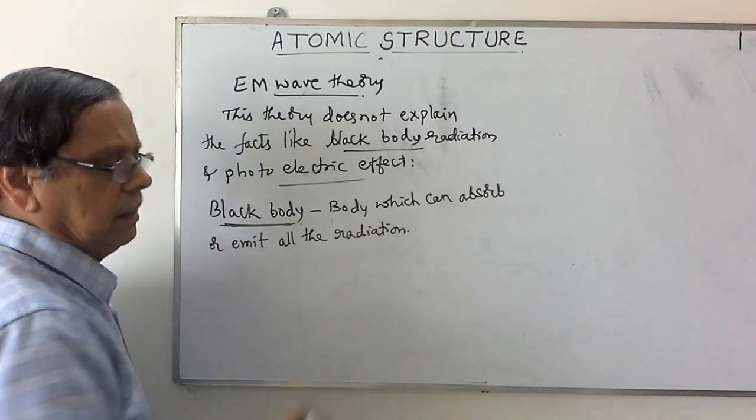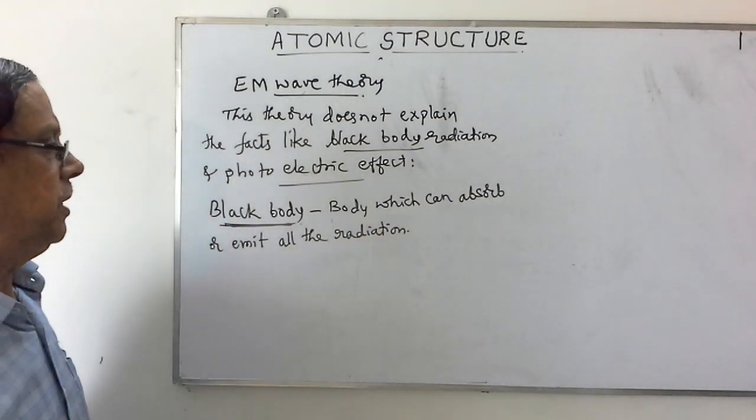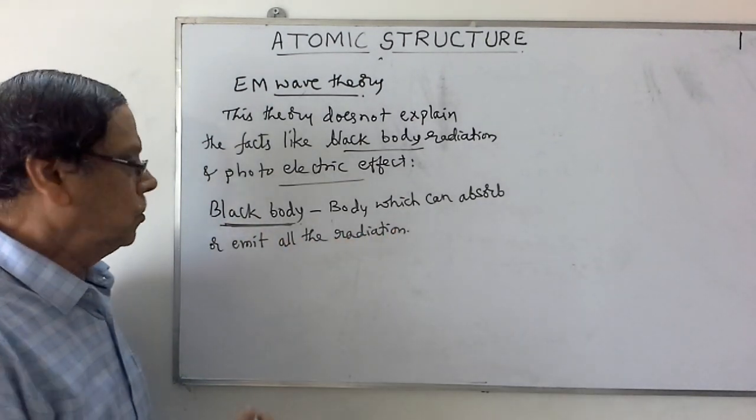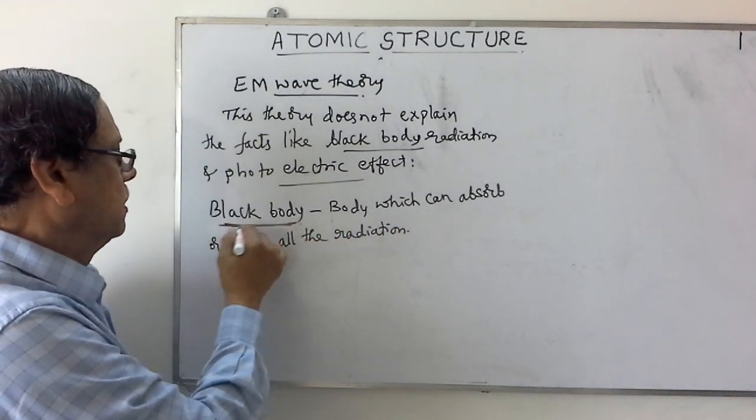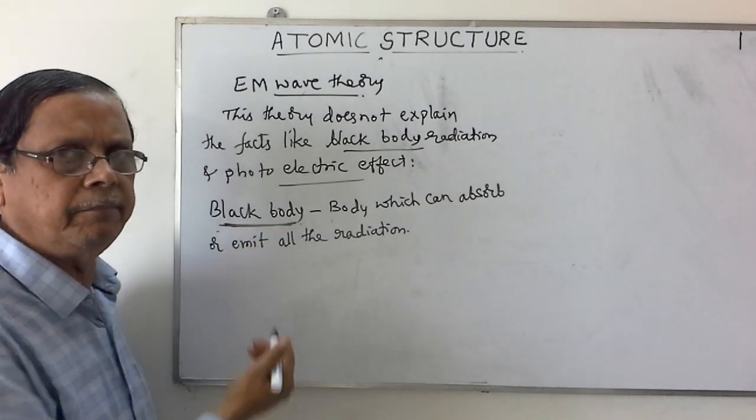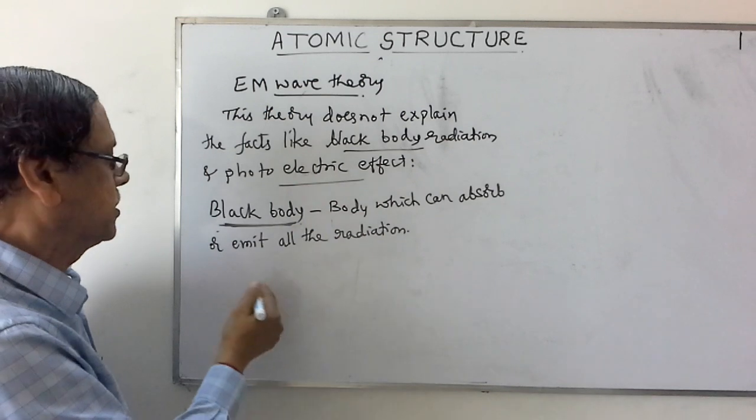We observe that the frequency of the radiation depends on the temperature of the body. Such a material is named the black body, and the radiation that is emitted by the black body is called the black body radiation.